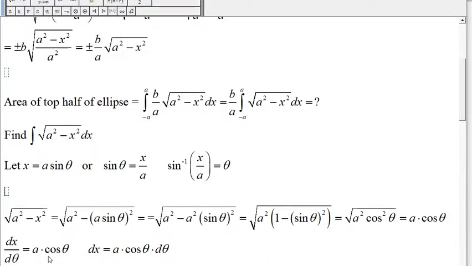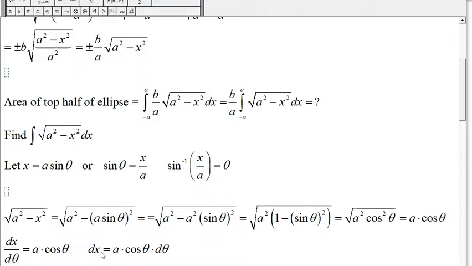And so now we take the derivative of x with respect to theta. Here we have x is equal to a sine of theta. So the derivative is a, and the derivative of sine of theta is just cosine of theta.